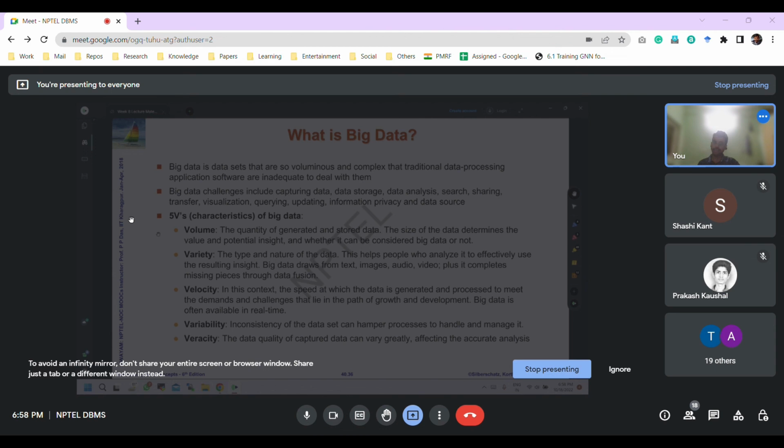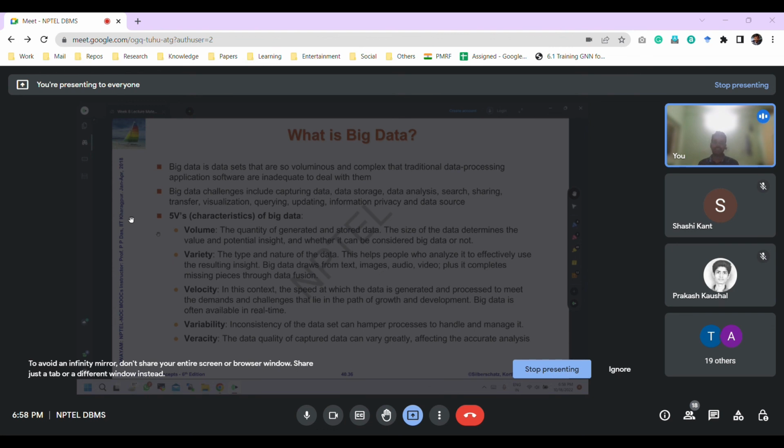So volume, for big data, is where we should store the data. Then variety means the type and nature of data, which kind of data we are actually accessing. Then there is velocity, at which speed the data is generated, like on Facebook or Twitter.